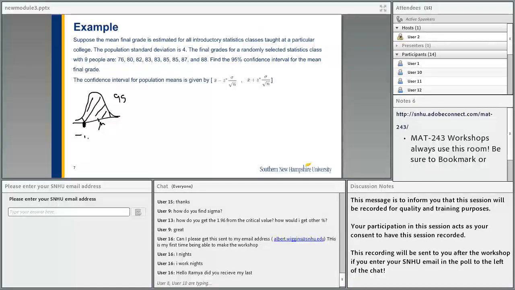And the value for that here would be negative 1.96, and on the right it would be 1.96. That's my Z critical. So for 95% confidence level, if you calculate the Z, it will be 1.96.